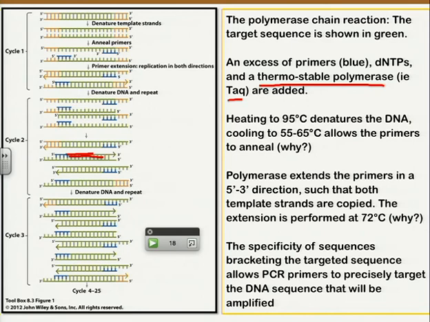So the identification of the thermostable polymerase allowed PCR to be automated. Now there are PCR machines or thermocyclers, which are the size of a shoebox, not like the original ones, which were huge. Everybody can have one on their bench top, and 1, 2, 3, you're good to go.